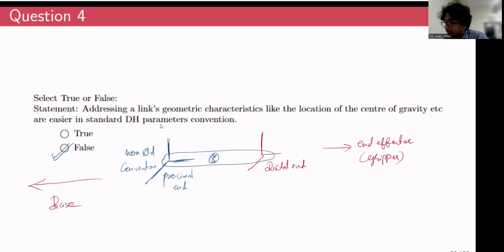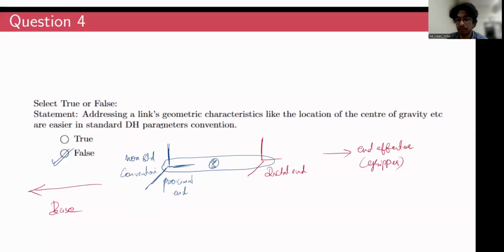So if you have a coordinate frame at the proximal end, it is easier to map interesting characteristics like center of gravity, maybe the inertia tensor, or maybe some other point of interest with respect to this frame. But if you have a frame here, as per the standard DH convention, you have to go backward. Everything will be in the negative axis.